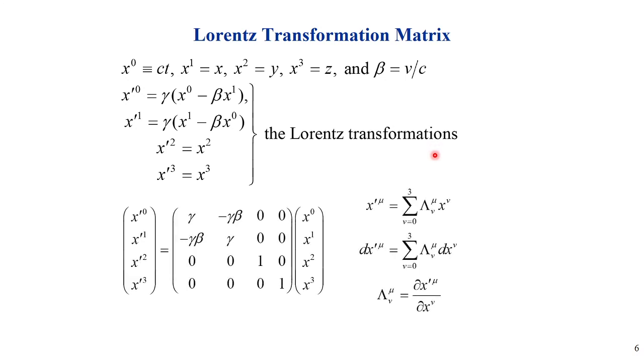To be more specific, in frame O we can express the coordinates in this form. Gamma will range from 1 to infinity, and beta from 0 to 1, the maximum value. The primed coordinates are shown here, and this is the Lorentz transformation matrix.